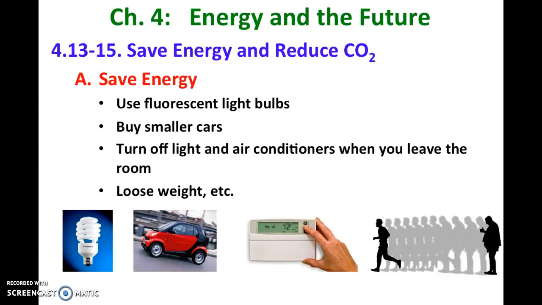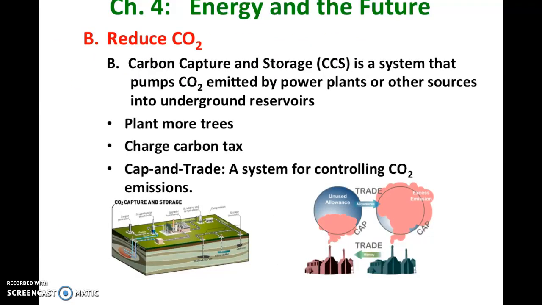To reduce the release of carbon dioxide, one can build a system that pumps carbon dioxide emitted by power plants or other sources into underground reservoirs.